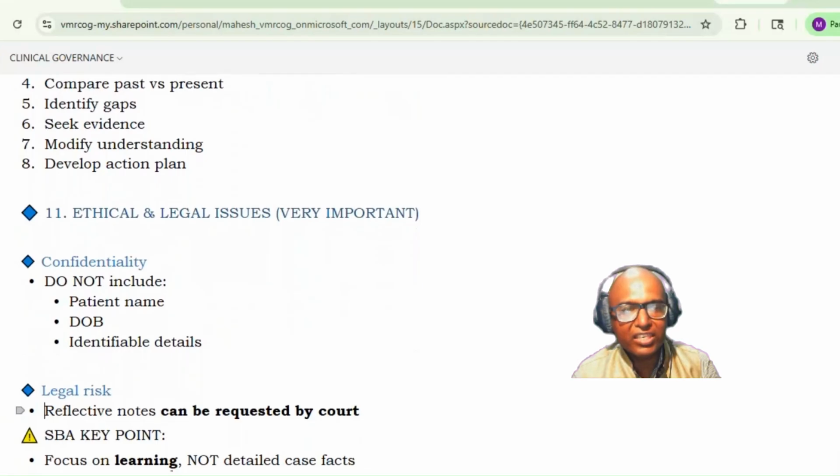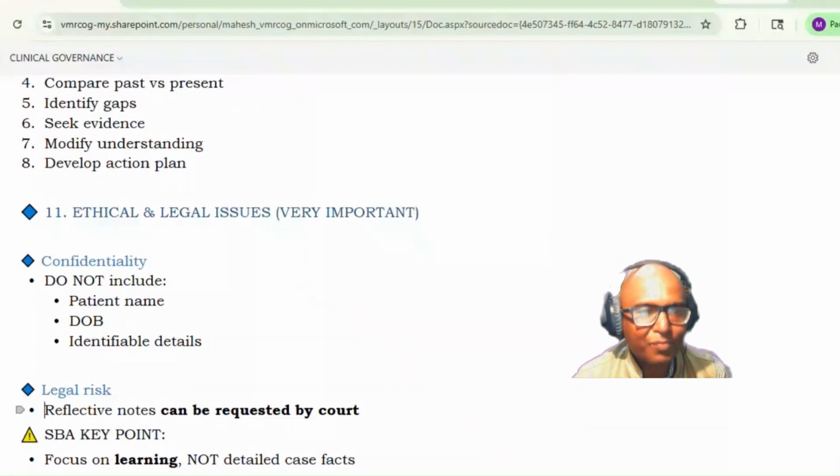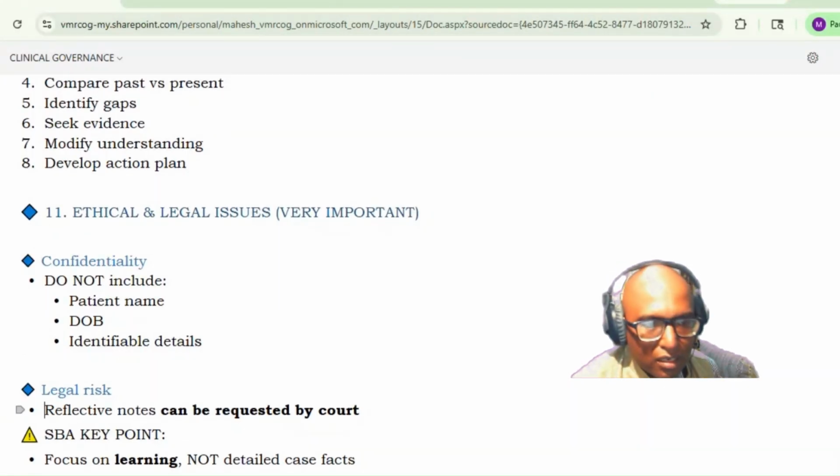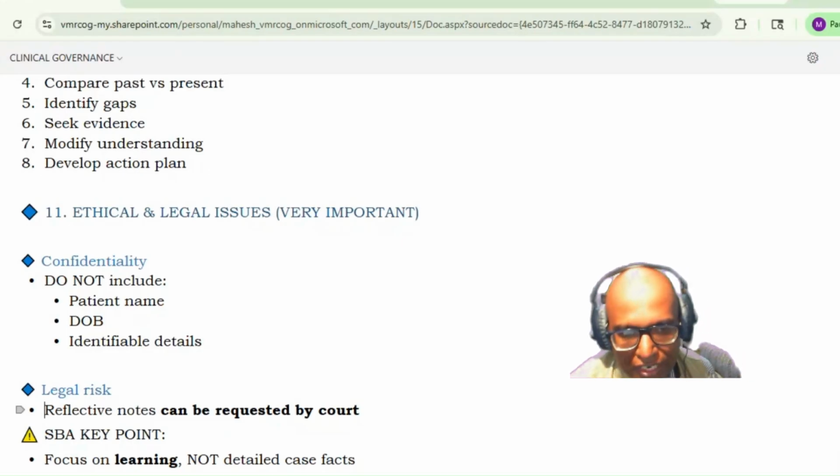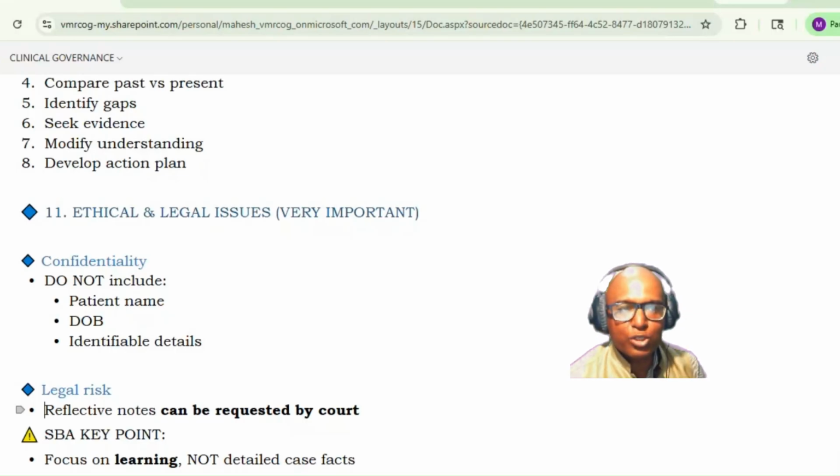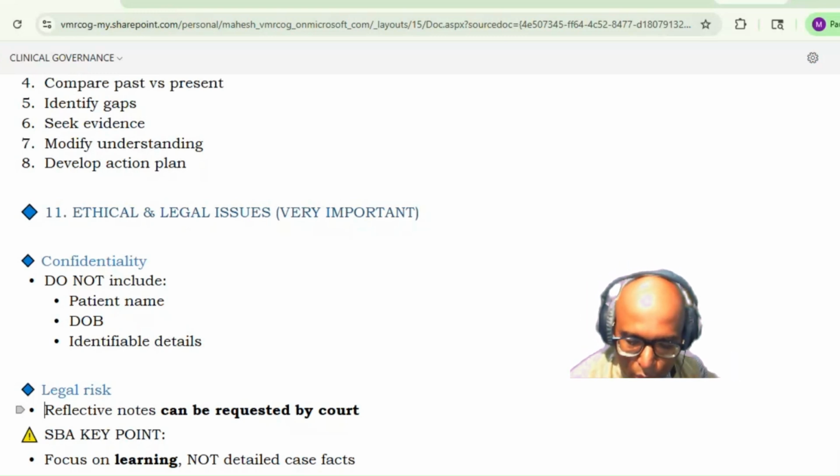But there are certain ethical and legal issues with reflection. One ethical issue is confidentiality. When we are writing the reflection, we should not include the patient name, date of birth, or identifying details. They should not be included in the reflective notes. Reflective notes should not have any identifiable data.